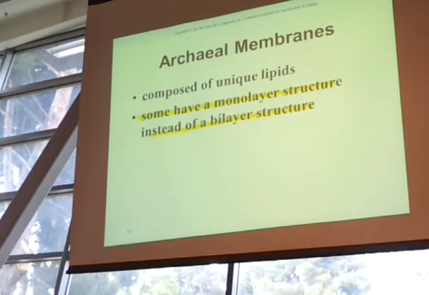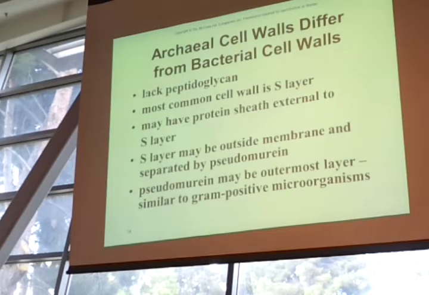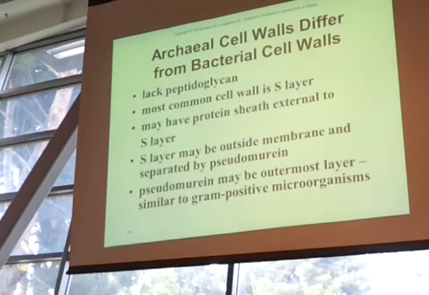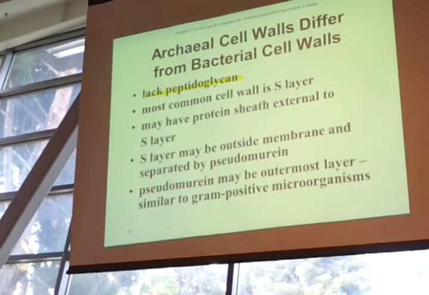So different lipids, a monolayer for a plasma membrane, no peptidoglycan, usually only have an S layer. So here, specifically about the cell wall, lack of peptidoglycan. That's why an S layer would be more significant, because the peptidoglycan is the part of the cell wall that provides the majority of structure.